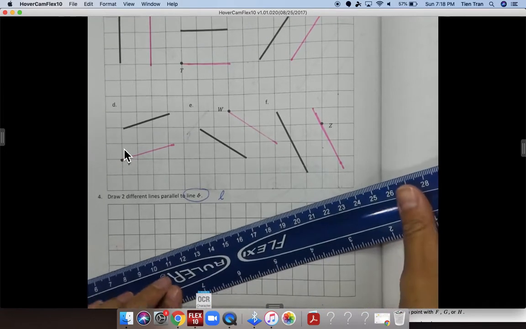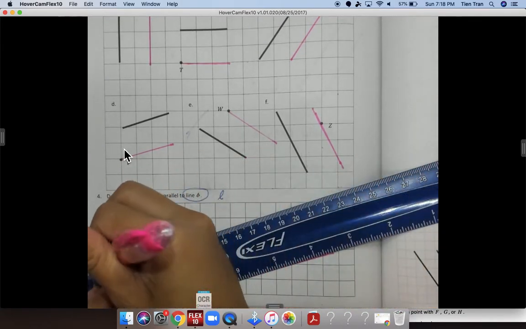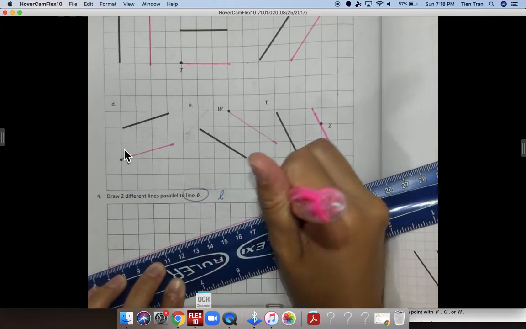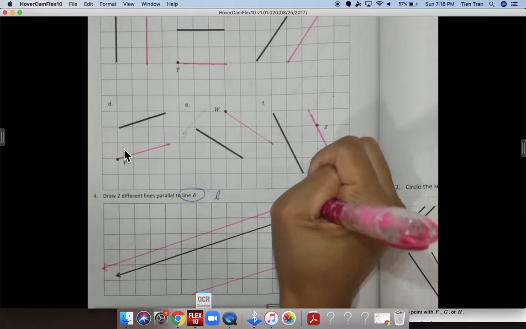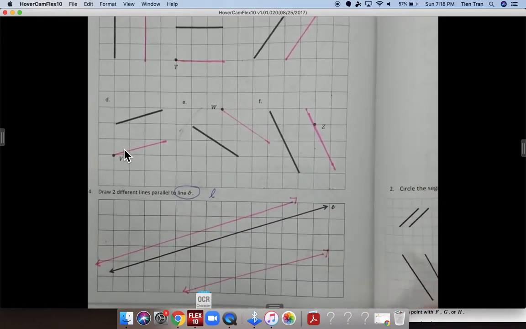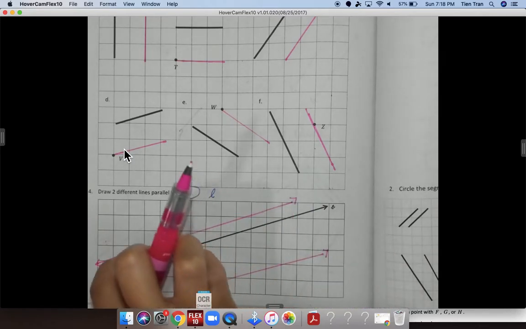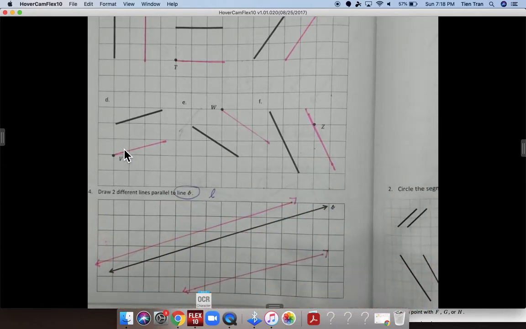And I can draw one that is super close to the line as well. You see that? So all of these 2 lines are parallel. Even if the space between them is smaller or wider, it's still a parallel line. Okay, I'm going to give you guys a moment to write that down. This is a good time to pause the video.